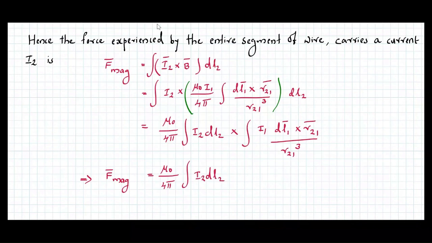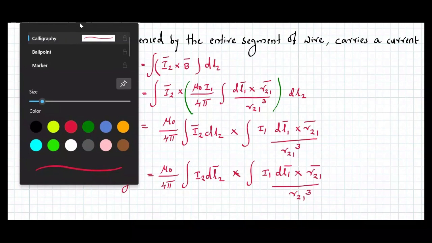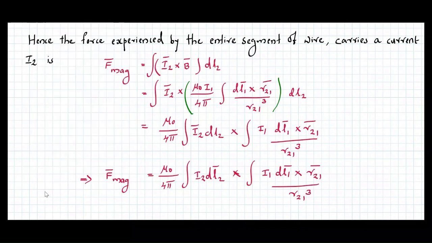F mag is equal to mu 0 by 4 pi integral I2 dl2 cross integral I1 dl1 cross r21 by r21 cube. This equation is called Ampere's force law.